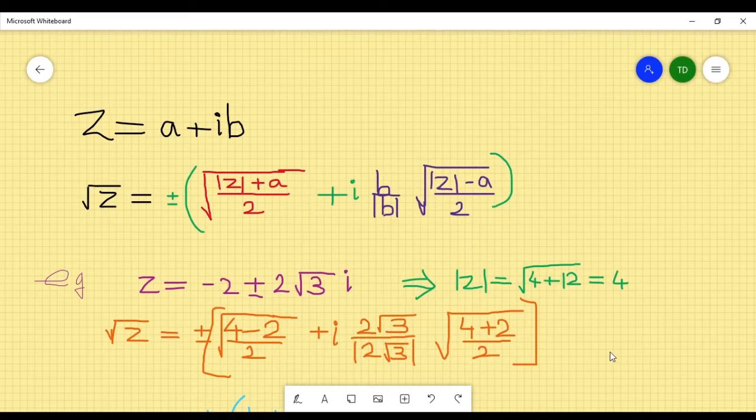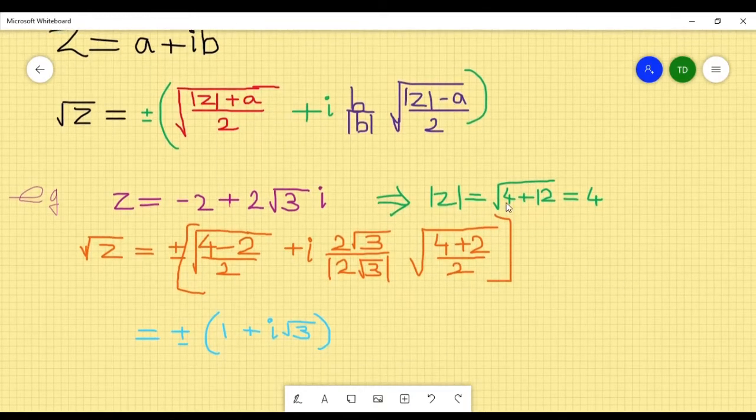So suppose we are given z as minus 2 plus 2 root 3i. Then its modulus is the root of real part square plus imaginary part square.